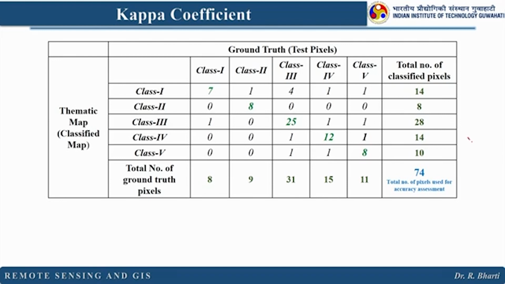So the same table we have to generate, doesn't matter whether you are going for users accuracy, producers accuracy, omission error, commission error, or the overall accuracy and kappa coefficient. So here the only thing is the calculation will be different.